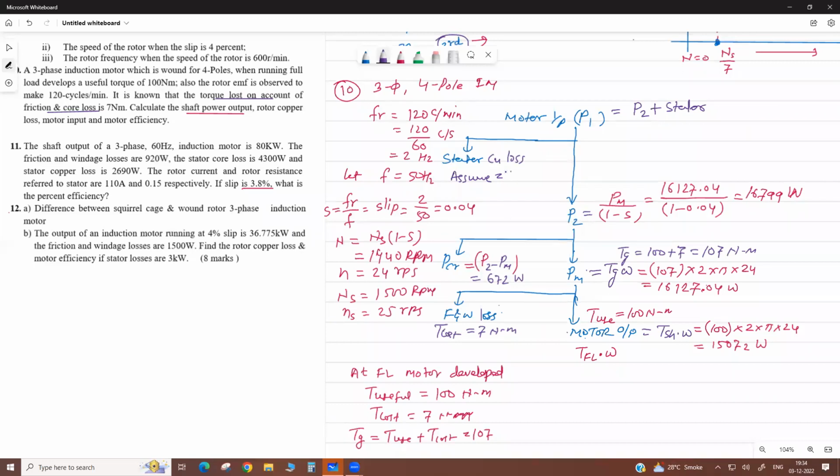Now either you assume the stator core loss is 700 watt, then you can add the stator copper loss here. So this comes 16799 plus 700.